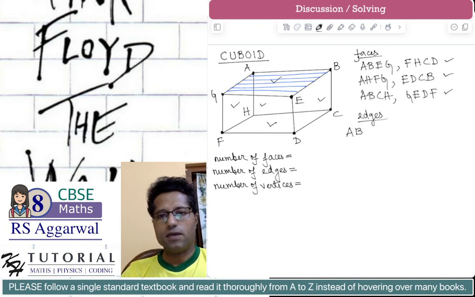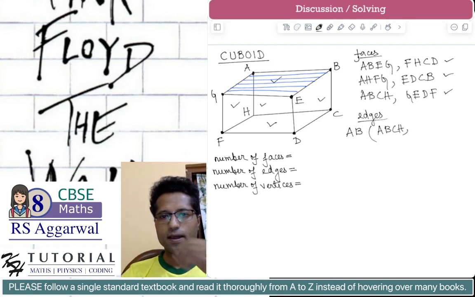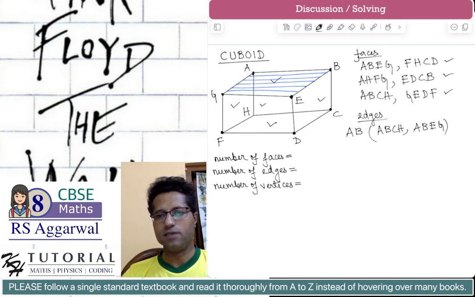Now in the bracket I am writing its common faces, that is the faces that meet at the edge AB, and those 2 faces will be ABCH and ABEG. So these are the 2 faces that are meeting at the common edge AB.